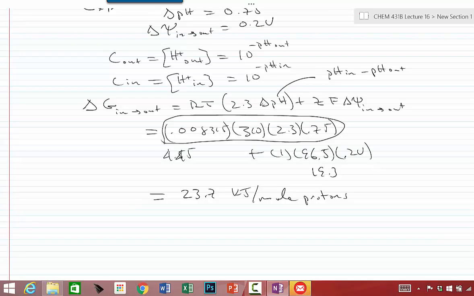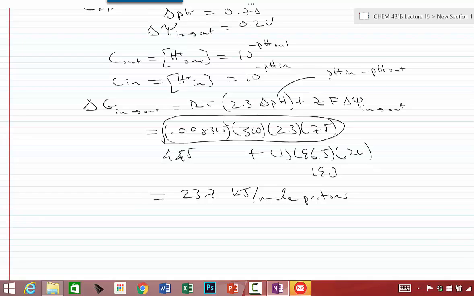Yes? What is the C in and C out? That's the concentration. C in is the concentration on the inside, and C out is the concentration on the outside. So we're applying this general formula. You can use this for any ion across the membrane, but we are using it specifically across the inner membrane, and the ions we're considering are protons. C in and C out are general terms.